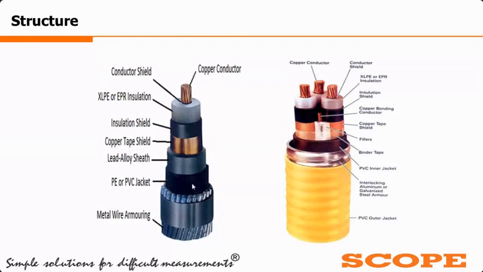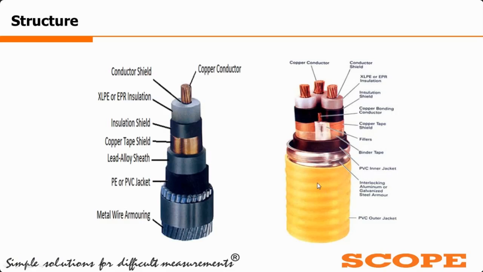That's why aluminum is widely used for making cable armor, and it also provides rust protection. Cable armor gives mechanical protection to the cable and keeps the cable in a rigid form. The outermost layer of the cable is called the outer sheath or outer PVC sheath.